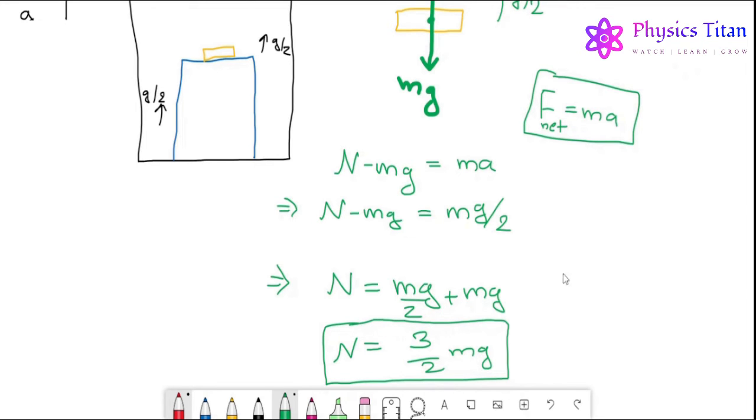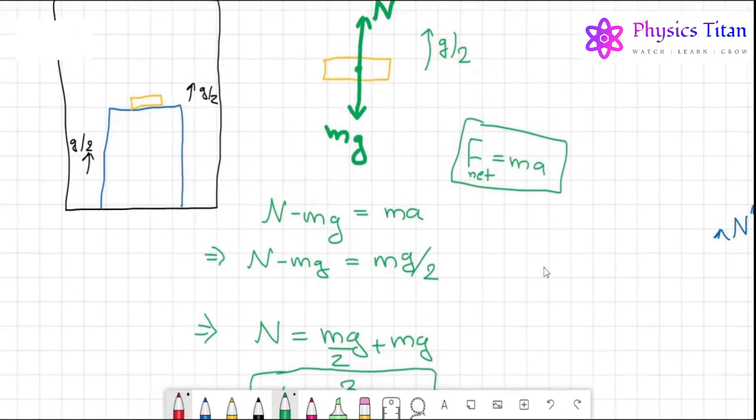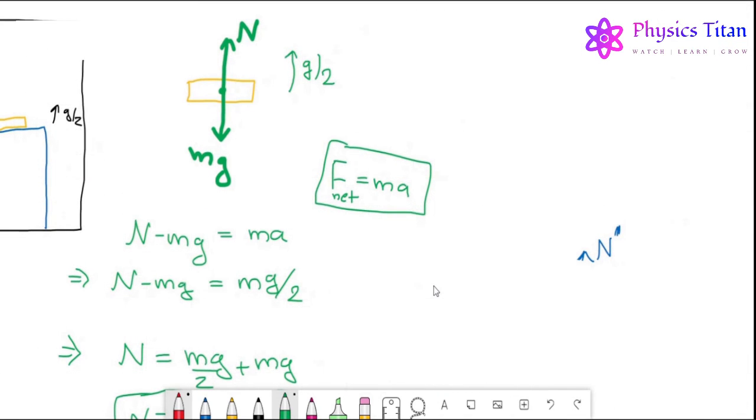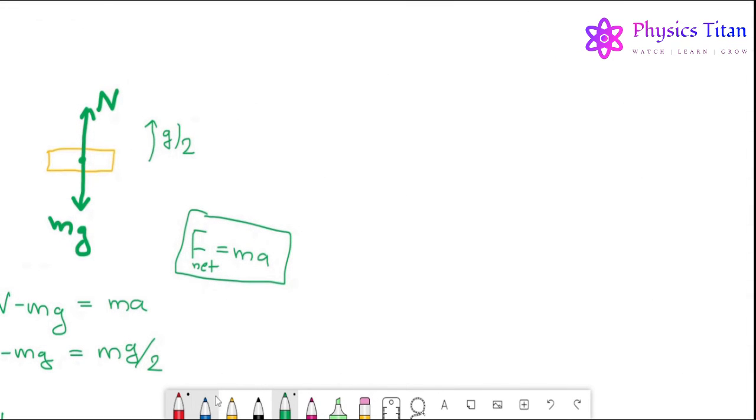Okay. Now let us consider the table. So this is our table. What are the forces acting on this table? First of all, according to Newton's third law of motion, for every action there is always an equal and opposite reaction.